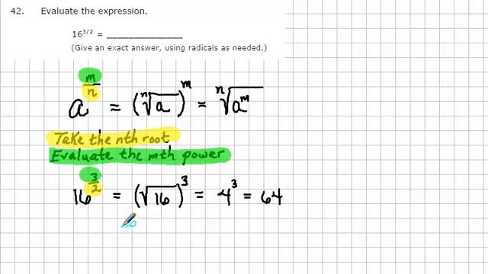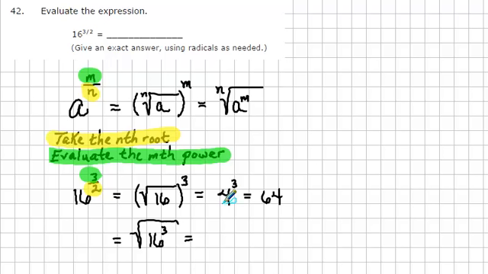Now, on the other hand, we could do the following. We could have raised 16 to the 3rd power and then found the square root of the result. However, you can see that this is a little bit more challenging to do mentally. You may need to use your calculator to help you on this one.